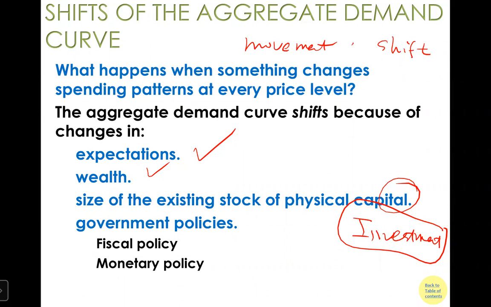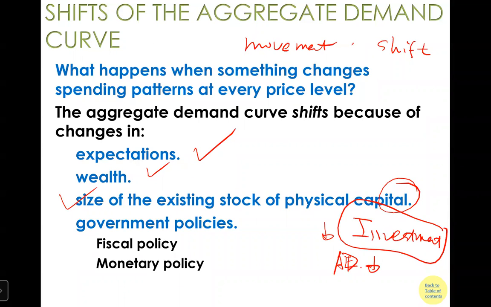In other words, they have a lot of physical capital, so they may not want to add more. Investment will be low, meaning aggregate expenditure or aggregate demand will be low. So this is the third factor.